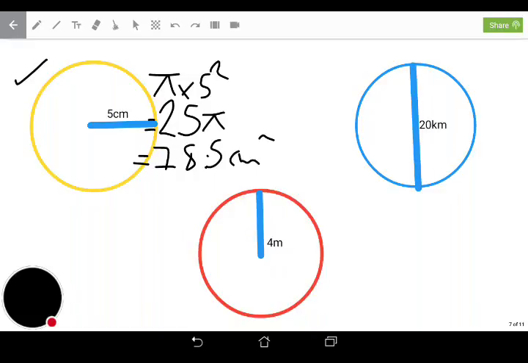The red one, I will do pi times 4 squared.